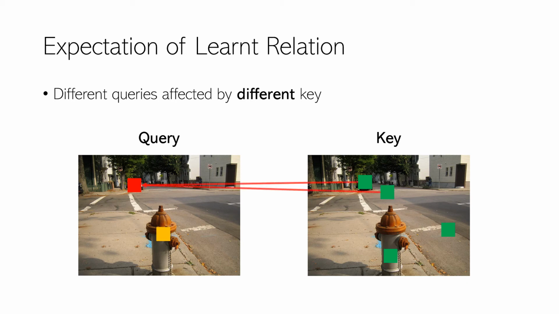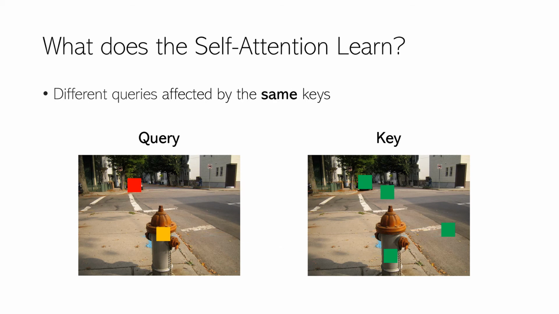We expect the car query pixel to be mainly affected by these two key pixels. And we also expect the fire hydrant query pixel to be mainly affected by these two different key pixels.